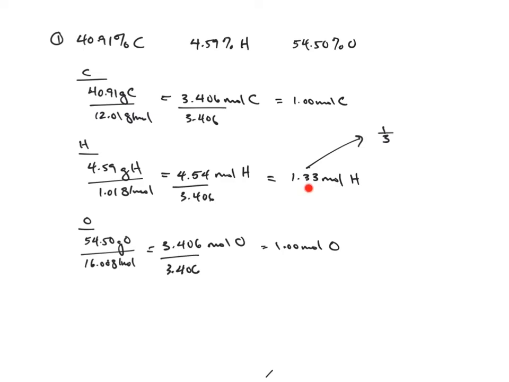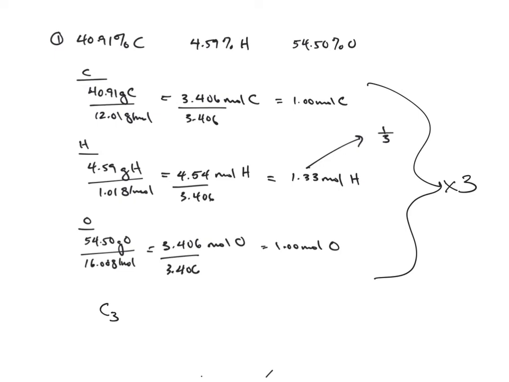So what I need to do is multiply by 3 so that I can get rid of this decimal and end up with whole numbers overall. All three of these are going to get multiplied times 3. So we end up with C3.